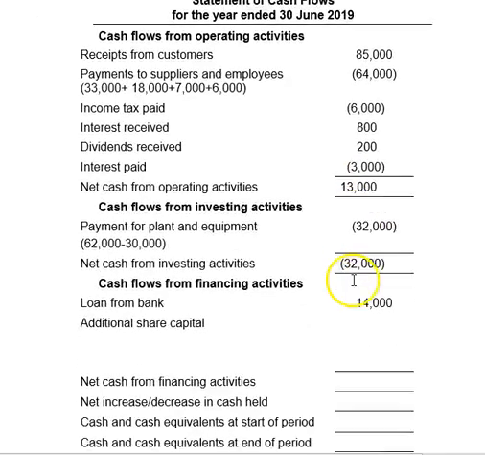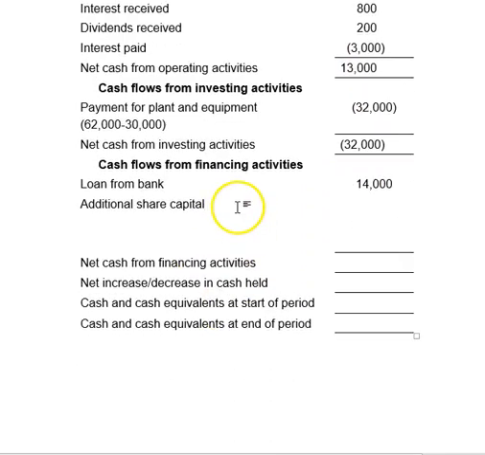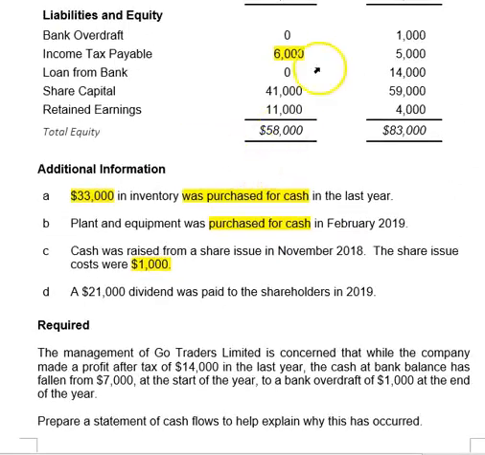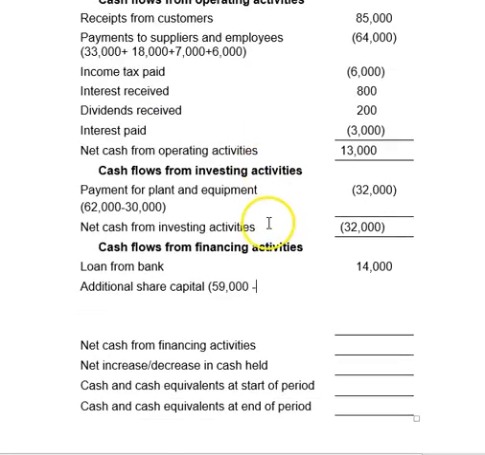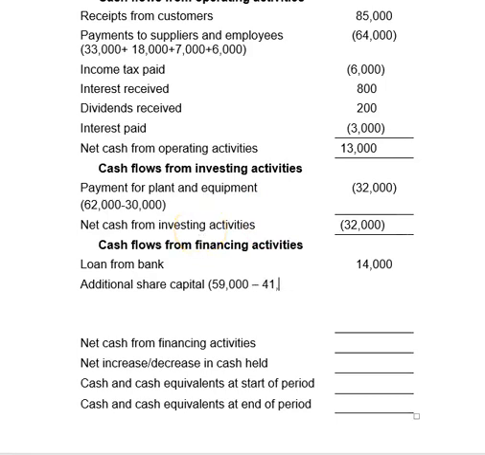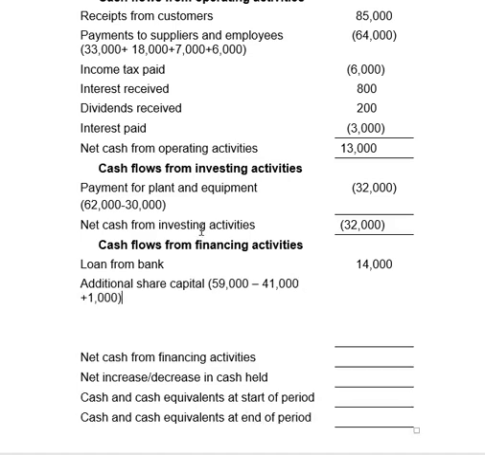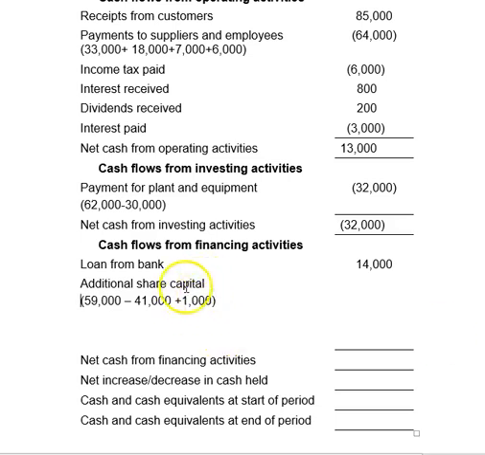So the thing we need to do is we need to get the differences between the opening balance and closing balance of share capital, which is 59,000 minus 41,000, and not to forget to add back that 1,000, because the differences between the share capital already include the share issue cost.